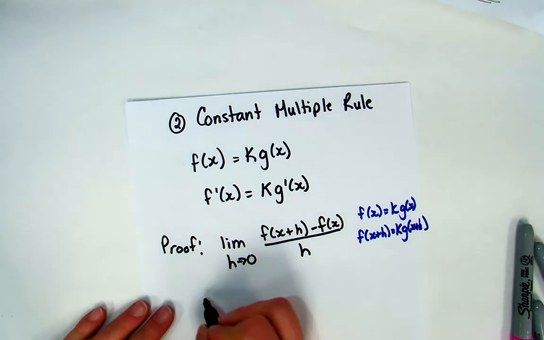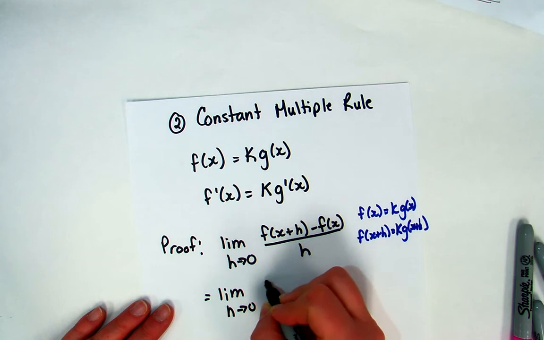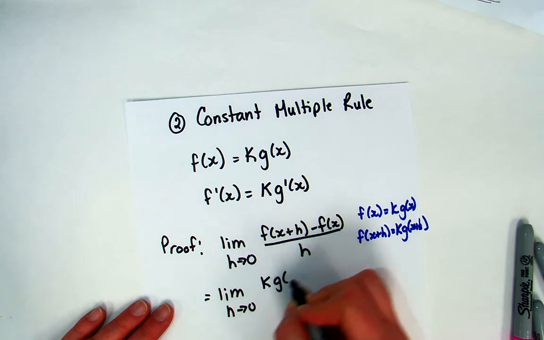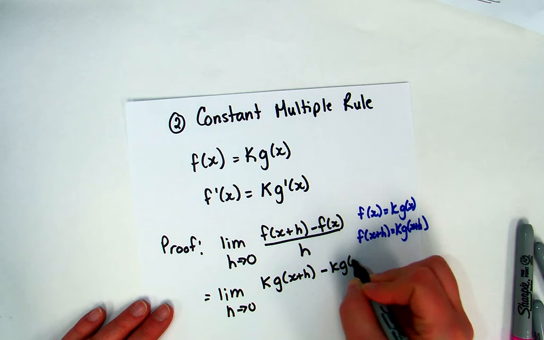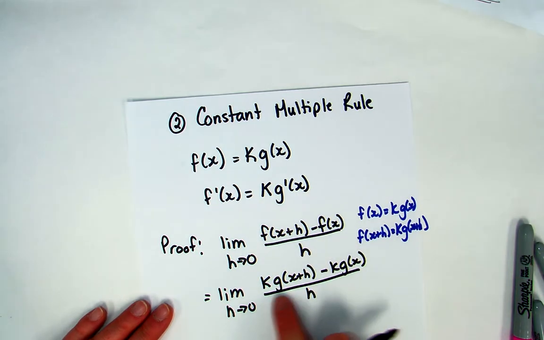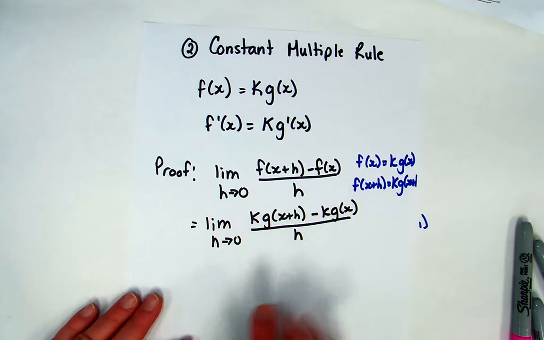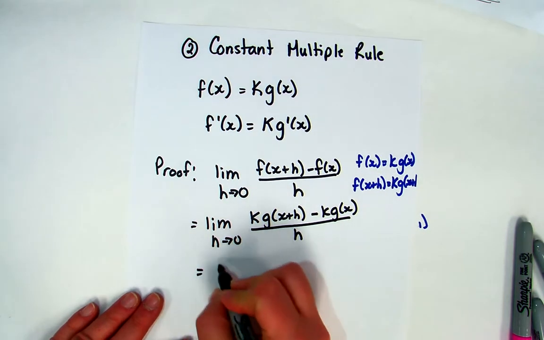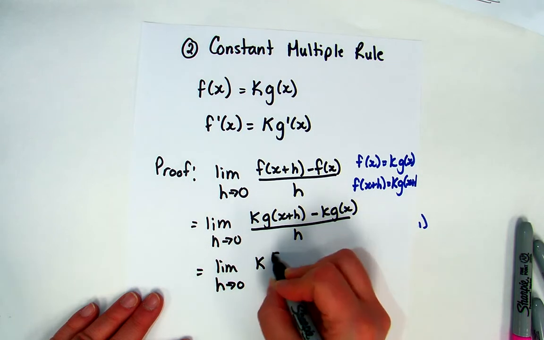I bring it back and sub it in. So I get k g at x plus h minus k g at x over h. Now, not a lot I can do with this because I don't really know what g is, but both of my pieces on top have a k. So I'm going to common factor out the k.